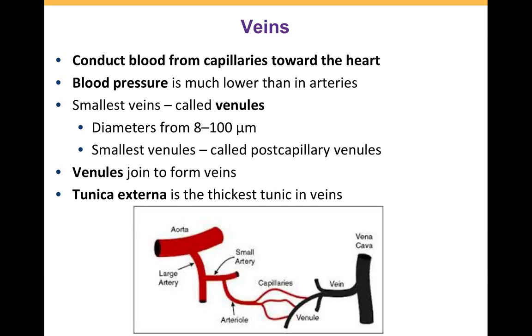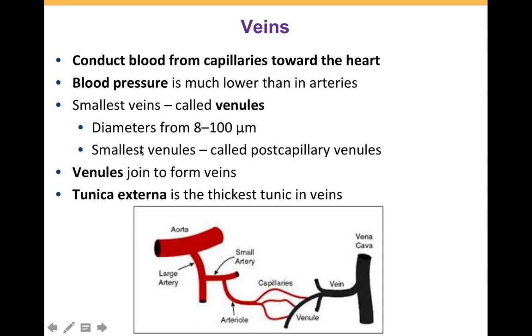Now, when we're talking about capillaries and blood being picked up away from the capillaries, the first category of blood vessels you see are referred to as venules. So notice how capillaries are emptying into these smaller blood vessels referred to as venules. Structurally, it could be similar to arterioles going to the capillaries and venules picking up from the capillaries.